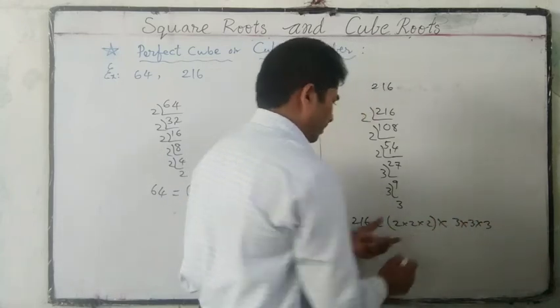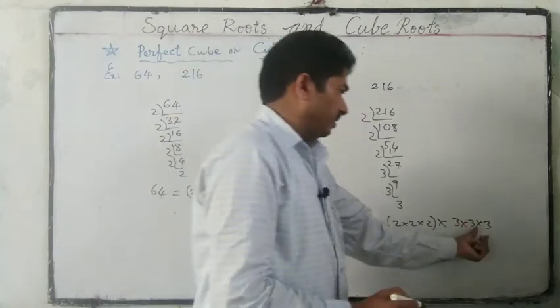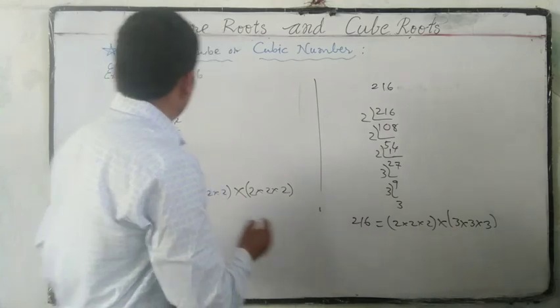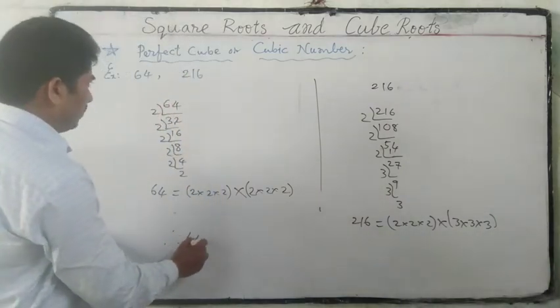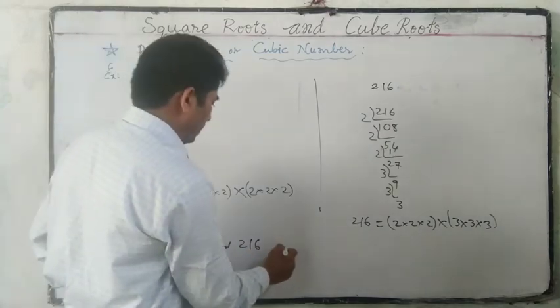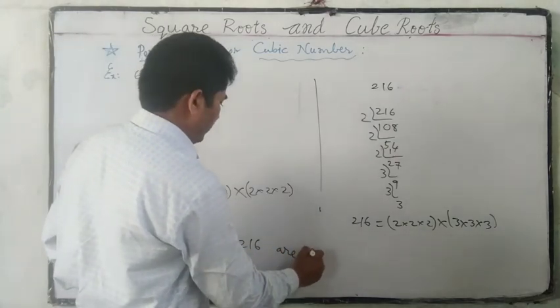So here we have 3 equal factors, and these also are 3 equal factors. So these two, 64 and 216, are perfect cube numbers.